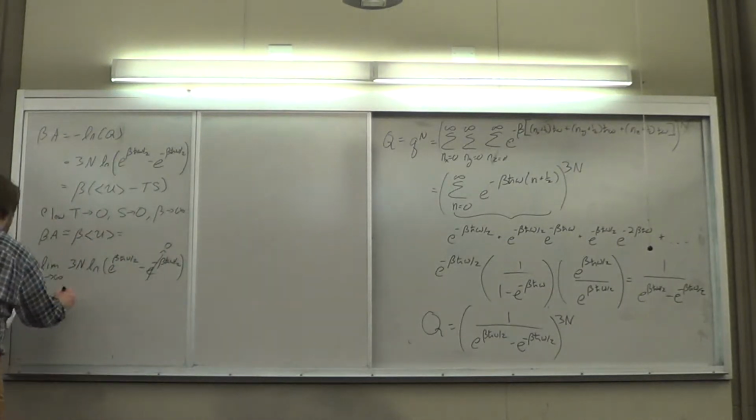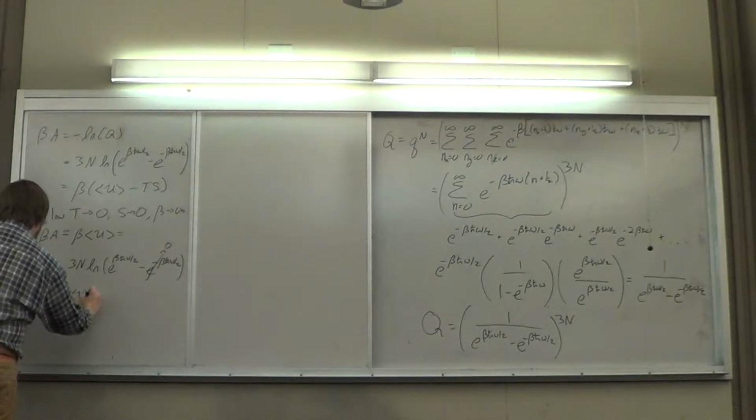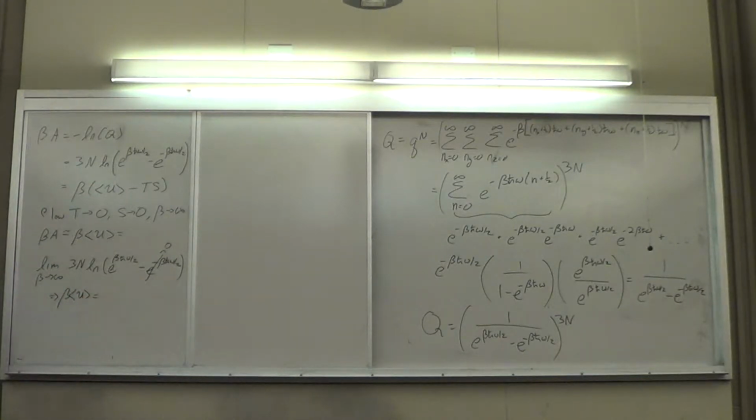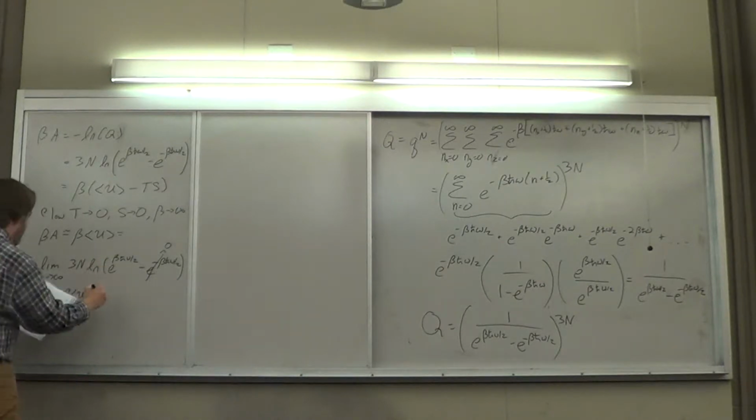All right, so that means that beta U, beta average internal energy. Remember, I have to put internal energy as an average because in the canonical, temperature is defined, but internal energy is not. In the microcanonical, the opposite is true. You learned that, but maybe you forgot.